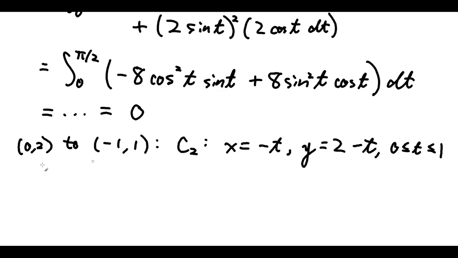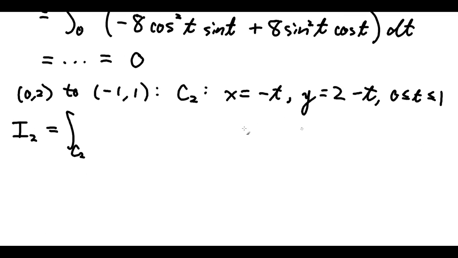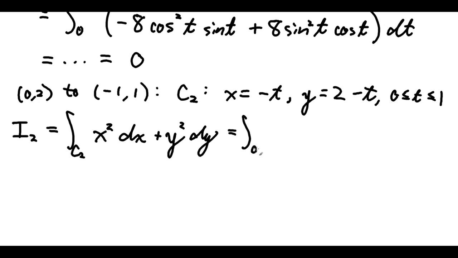So we have that. The second integral is the integral along C2 of, what did we have? Was it x squared dx plus y squared dy? Yes. x squared dx plus y squared dy. So that is the integral along C2. Now t is going from 0 to 1.